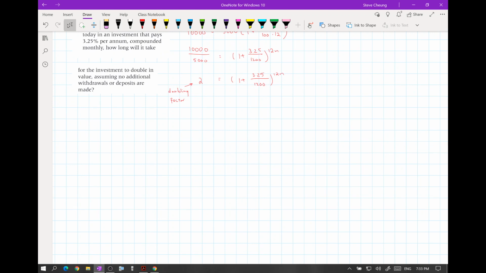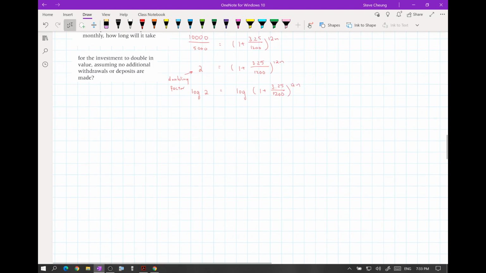So in order to get rid of the power, to bring the power back down, what we can do is take the log of both sides. And by using one of the log rules, we can actually write the power in front of the log so that this becomes a linear ratio.